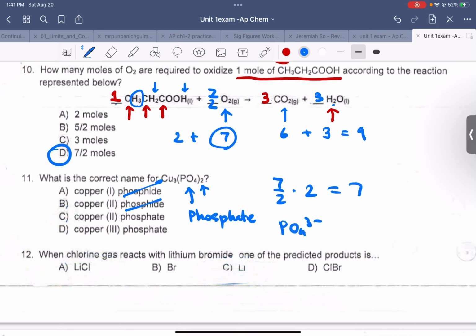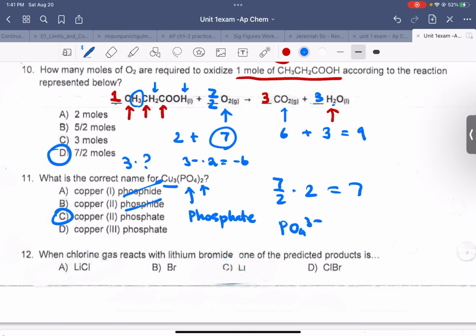So 3 minus times 2 means negative 6 charge. That means you have 3 copper, and 3 times what will be positive 6 to be neutralized? So it should be 2. So the answer is C.